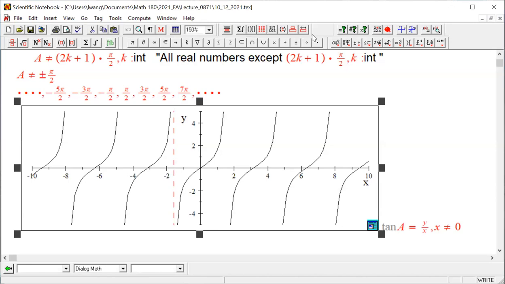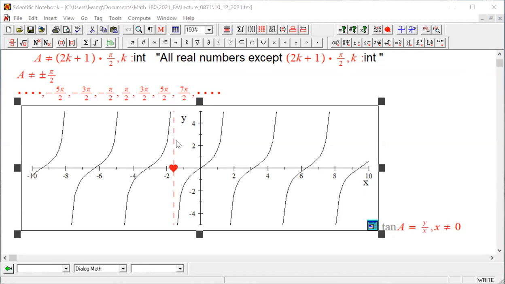And that point is negative pi over 2. Negative pi over 2 cannot be in the domain. As a consequence, the curve cannot touch this vertical line. If you draw a vertical line right here, it's not going to touch the curve.